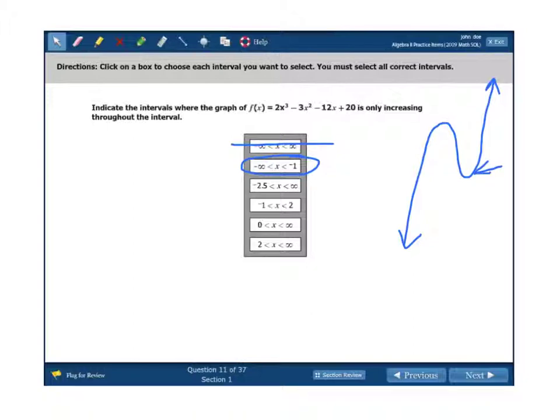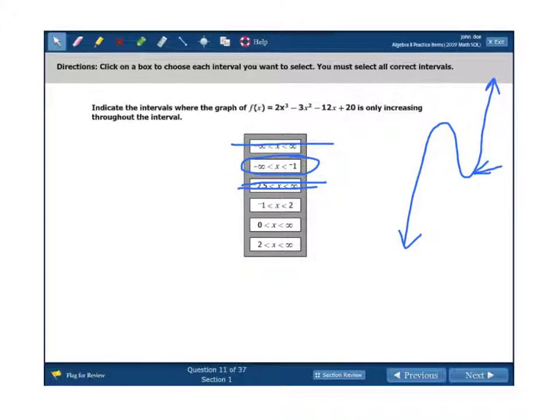I can use second calc to find a relative minimum with my calculator, where I use that left bound, right bound. And we definitely get 2 for that x value. So that is at 2. So that's not going to be it right there.